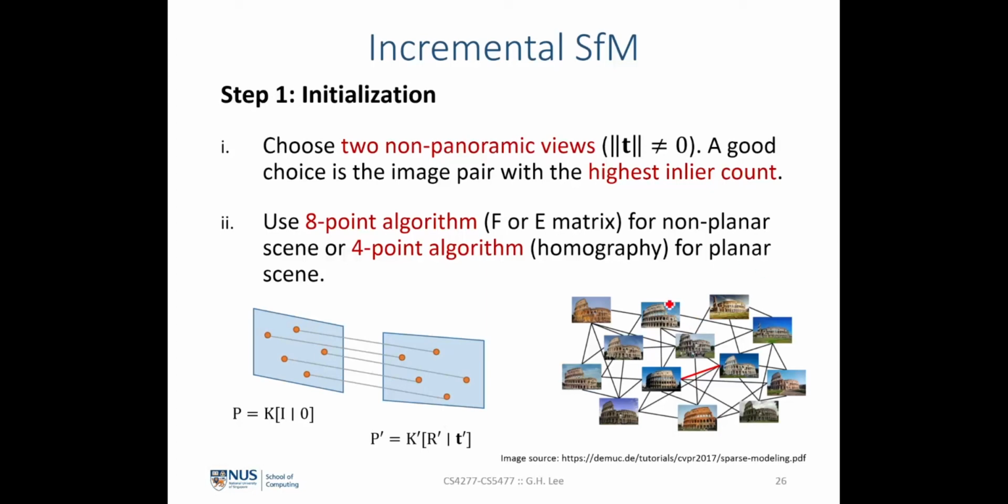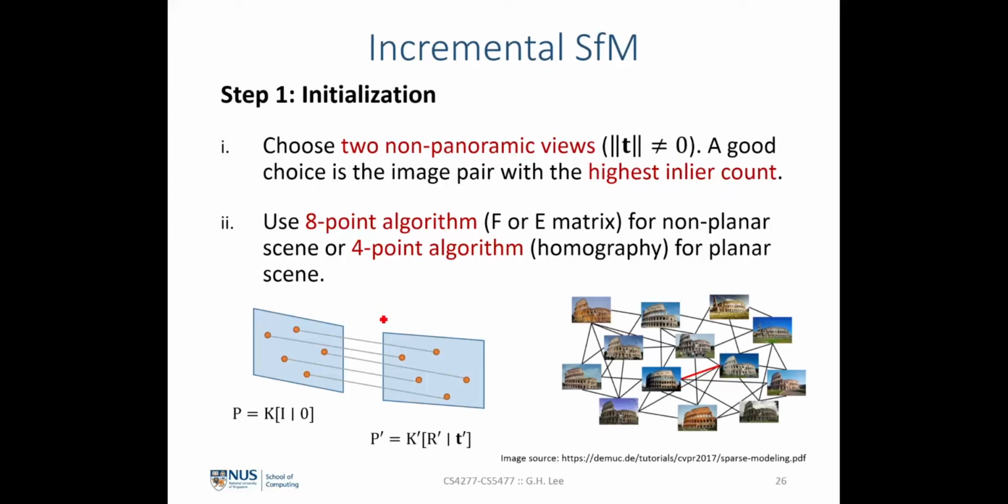And there are many pairs of images in the scene graph that might fulfill this first criterion. The best choice out of all these possible choices would be the one that has the highest inlier count.